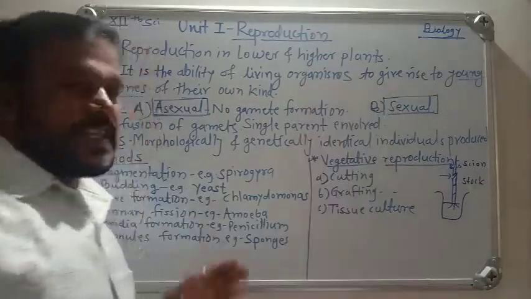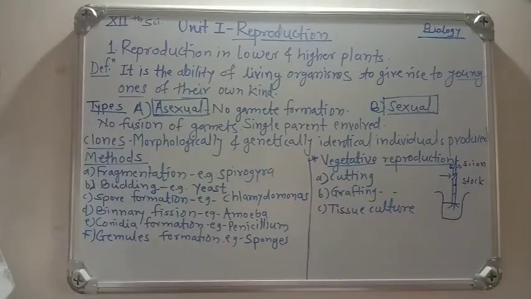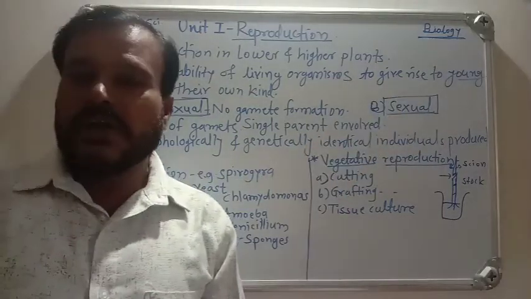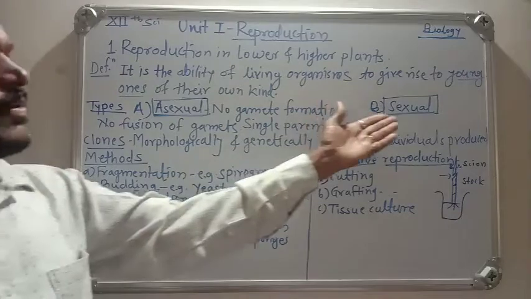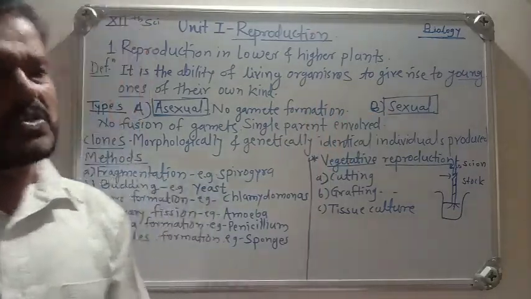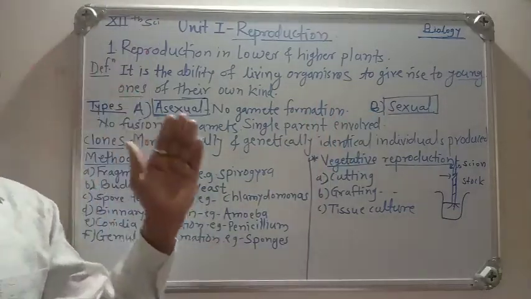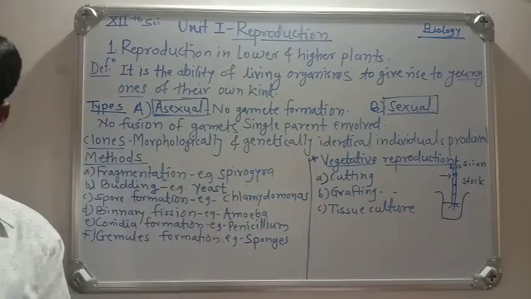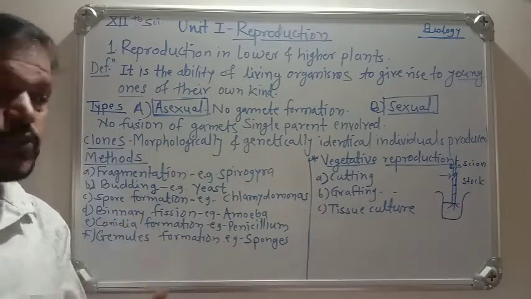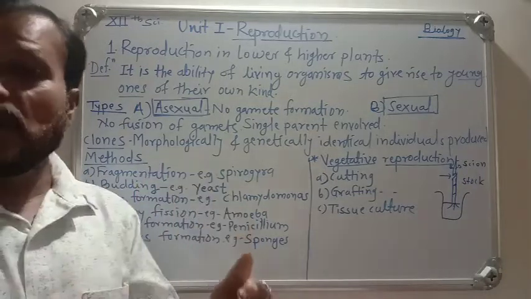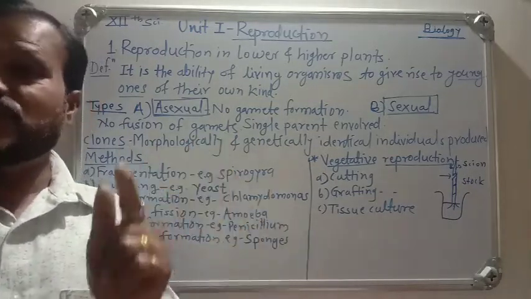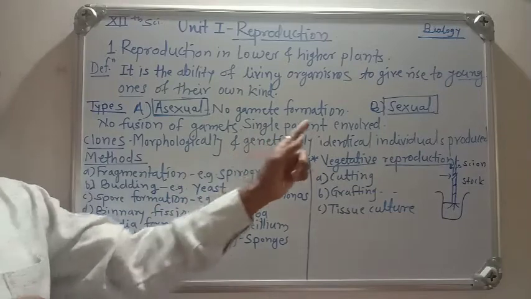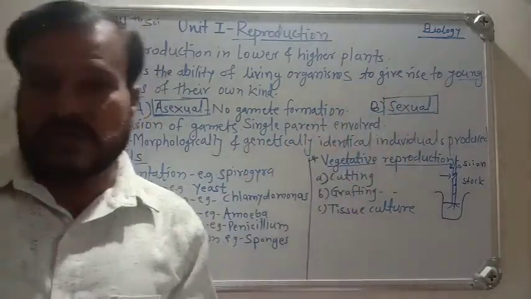Now sexual reproduction, the second part of this topic. What is the definition of sexual reproduction? The process in which there is formation of gametes or sex cells and fusion of these two gametes, which leads to fertilization and forms a zygote, is called sexual reproduction.